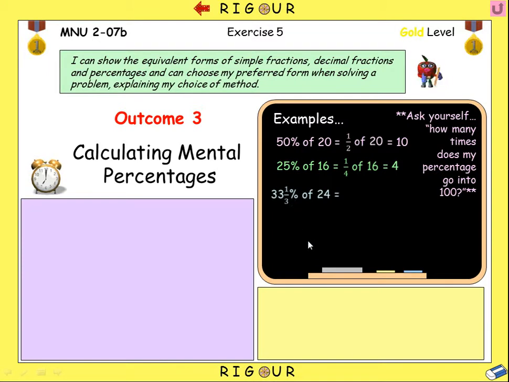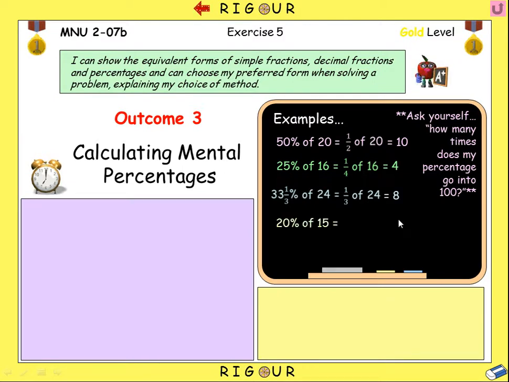So it's 99 add 1, which gives you your 100 exactly. So 33 and a third percent is 1/3. So we're working out 1/3 of 24. And if you actually look at it, I suppose there is a subtle clue that the corresponding simple fraction is a third. I wonder if you can see it. So we get a third of something by dividing by 3, and 24 divided by 3 is 8.